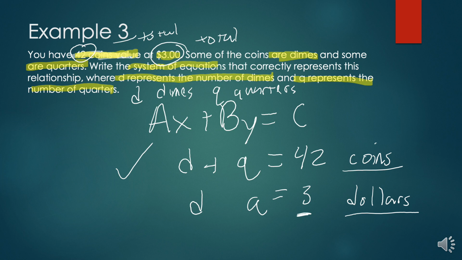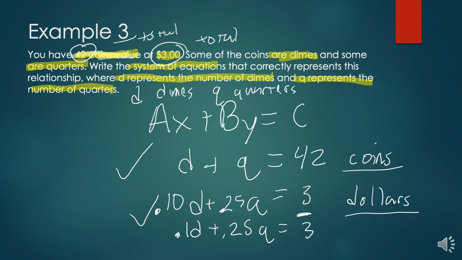Now, it's important that we say 10 cents, but we write that as 0.10 or 0.1, plus a quarter, which is 25 cents, but that is 0.25 of a dollar. So basically, these two could be used interchangeably. And those two are equations. Then after this, you will technically solve them, but I'm just asking you to write them.